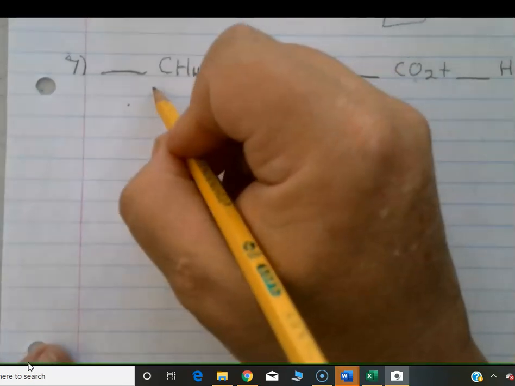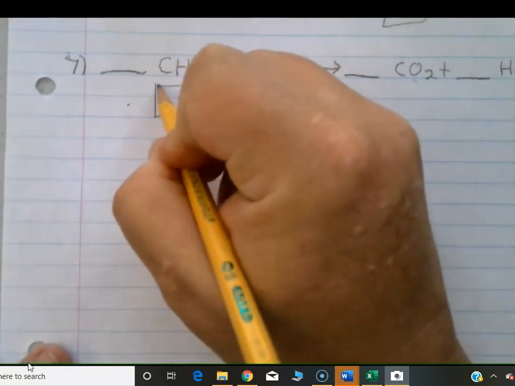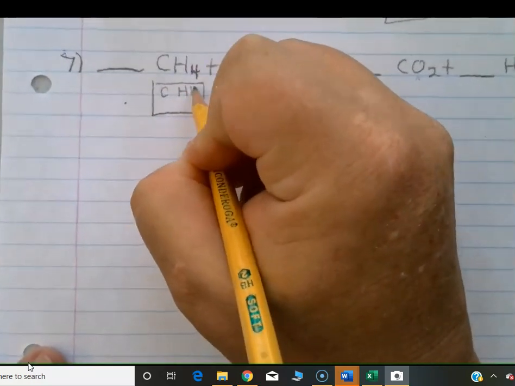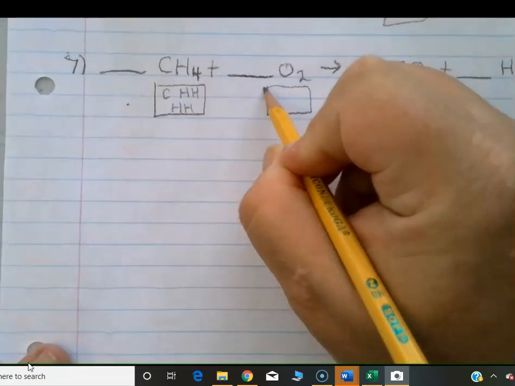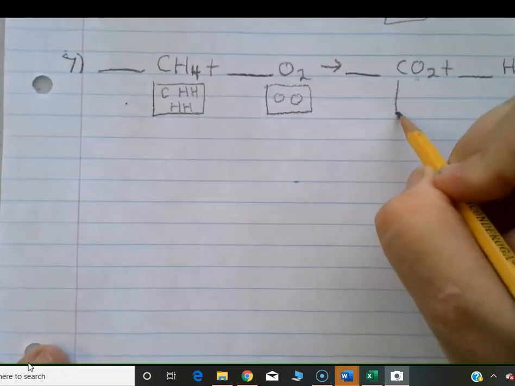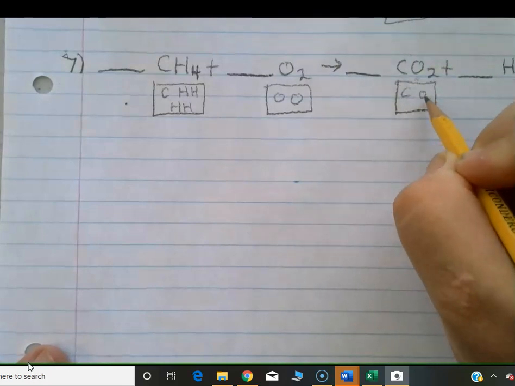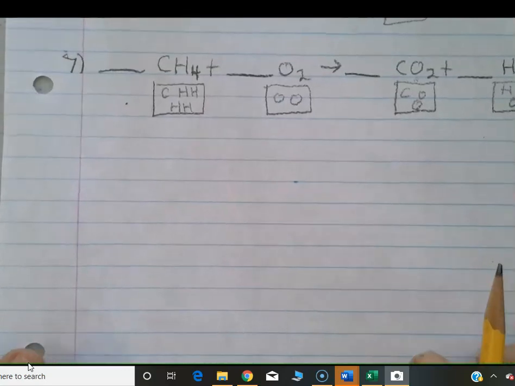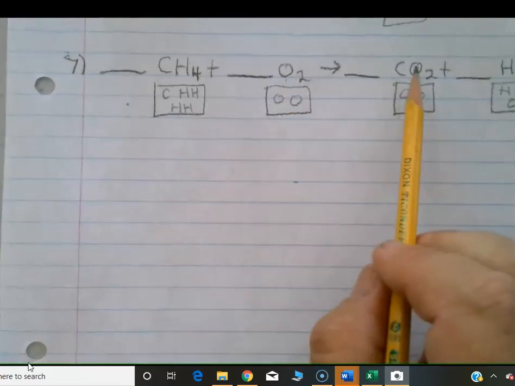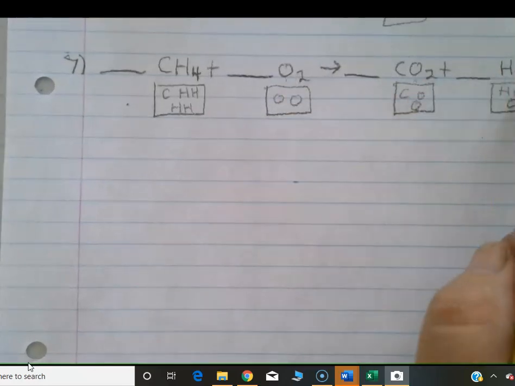All right, let's just draw our boxes. Okay, start anywhere you want with this. Generally, though, you avoid anything where the element appears more than once on the same side of the arrow.